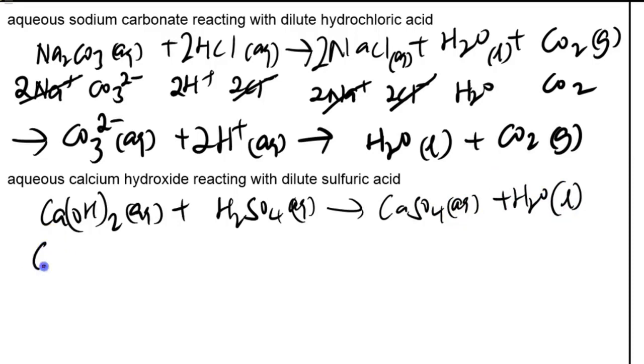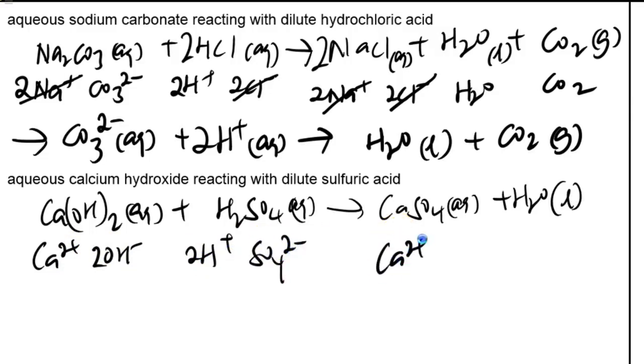If we split now into ions, we have these ions, and the next step is to cancel out like ions. We cancel the sulfate.